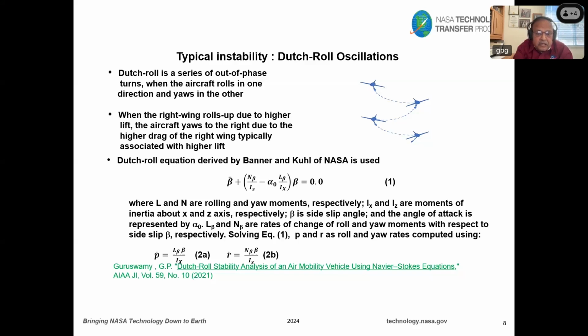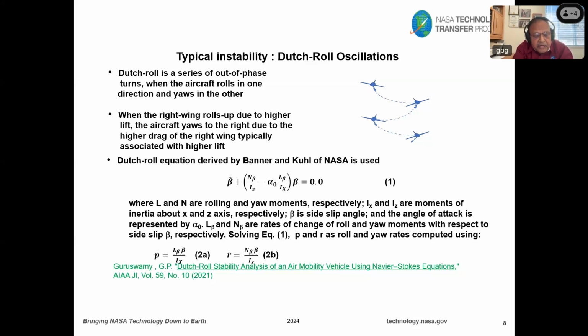There's work that has been going on at NASA, at all the NASA centers, particularly NASA Ames, which is the lead center. For the last four to five decades, we have developed several methods to couple CFD with aeroelastic equations, and this is one of the examples. The Dutch roll equations are quite complex, and this is a first-order equation developed by Bauer and Cole of NASA.